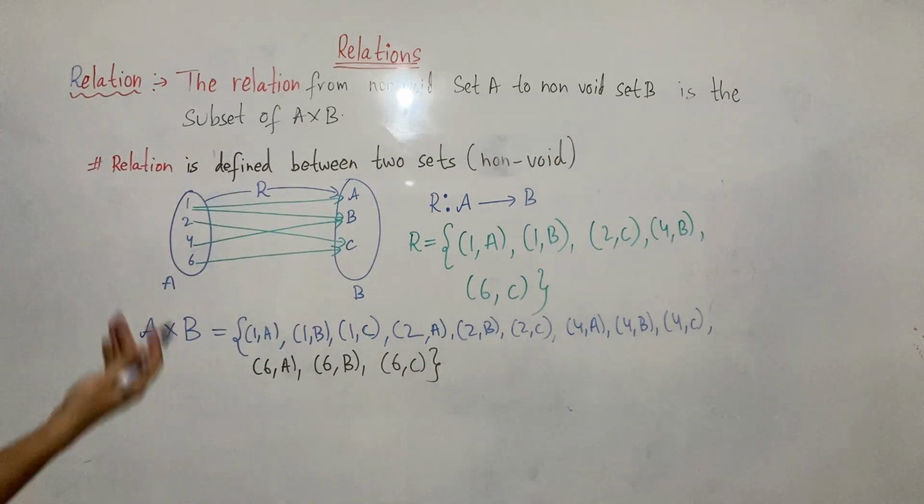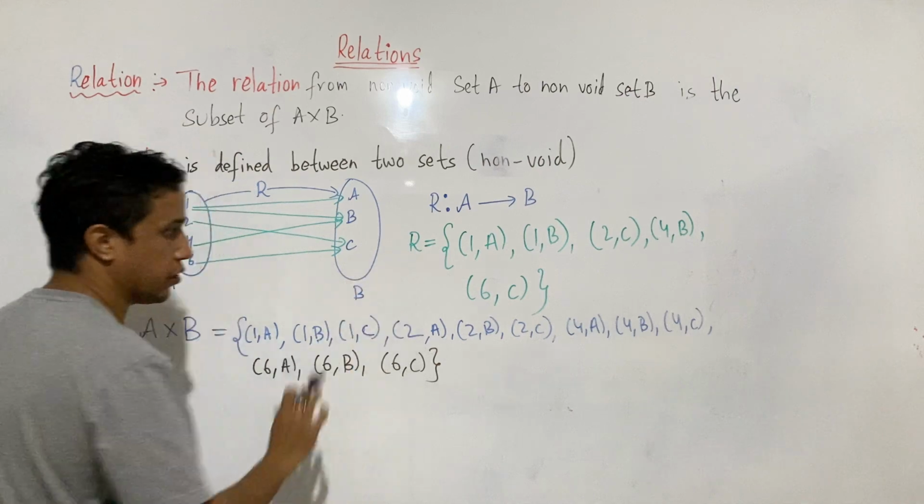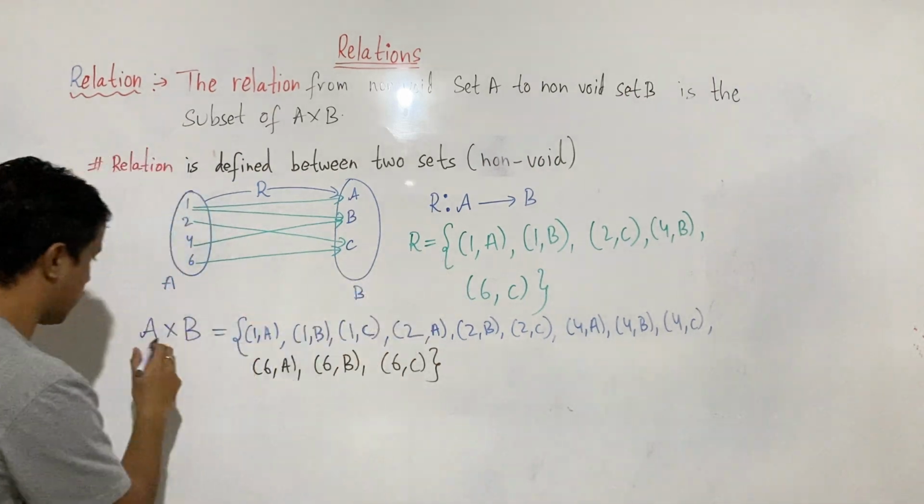Okay, now if you look at the relation, it is the subset of A cross B.